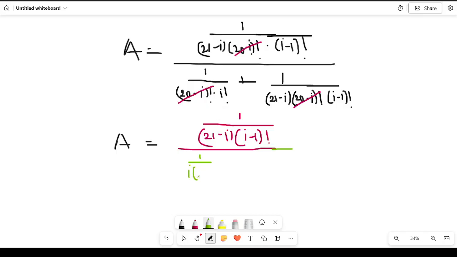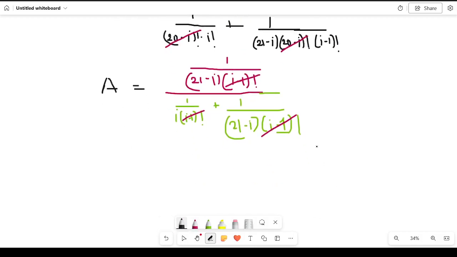So the (i minus 1) factorial is common and cancels out. Hence I get the simplified version: 1 upon (21 minus i), upon 1 upon i plus 1 upon 21 minus i.